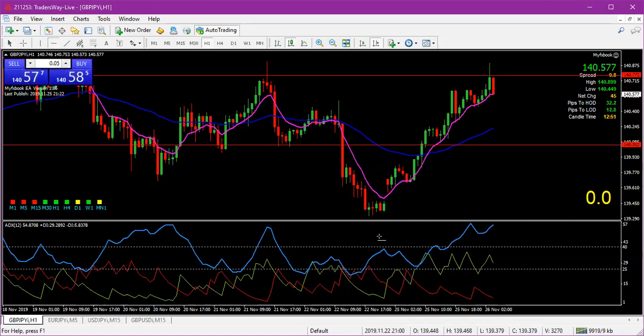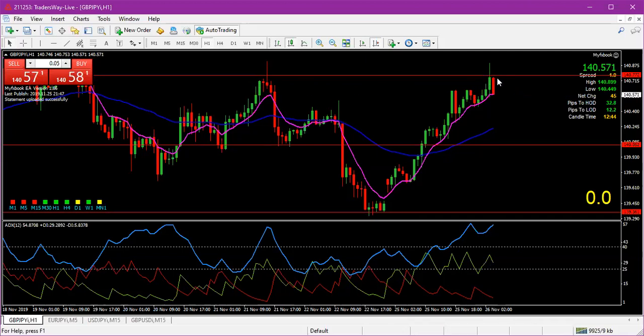Real quick, this is something that I may do right before I jump in a trade. Even though the indicator is showing me that it's strong, I still want to pay attention to this area because it can still reject. Remember what I say about indicators: they're always lagging. By the time this turns around and starts heading in another direction, this ADX may take a minute to react.